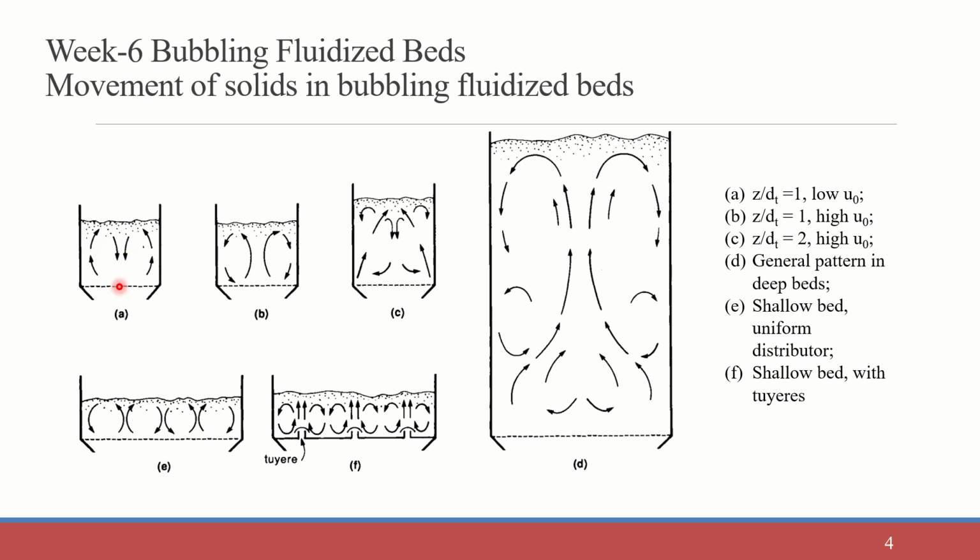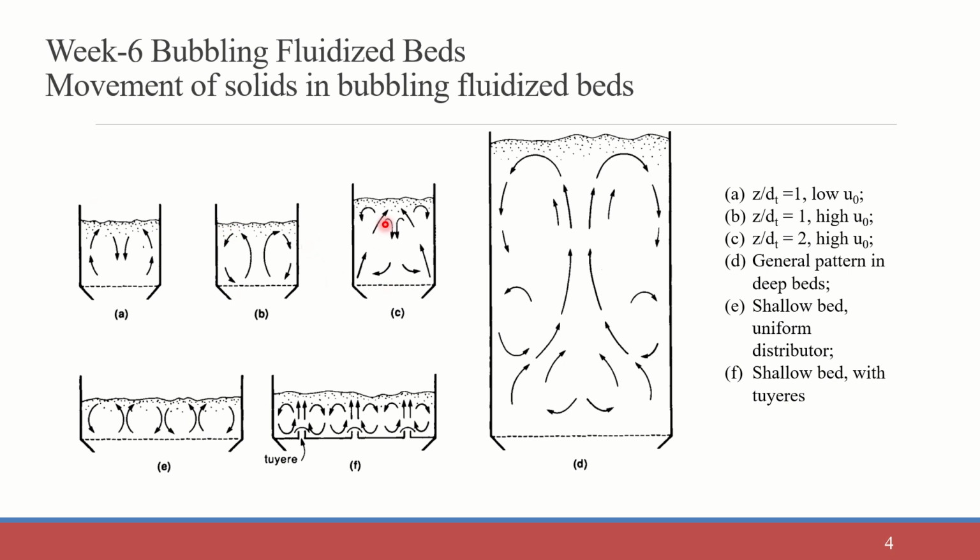Here z by dt is equal to 1, and again here both the bed dimensions are the same, but at low velocity the flow of solids is from near the perimeter to the center, while at higher velocity the flow of solids is from the center to near the walls. So here it is from walls to the center, while here it is from center to the walls.